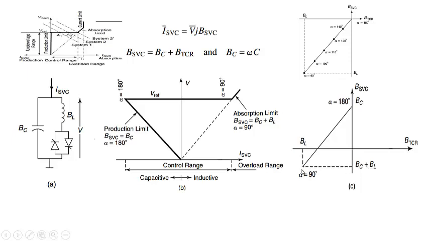So it will be equal to BC minus BL. So the total curve will be like this, and there will be some point when this BTCR will be equal to this BL, but since it's negative, BSVC will be equal to 0, and you will see that BSVC at that point will be equal to 0. So this will be the modified curve of BSVC, as compared to this for a fixed capacitor TCR.